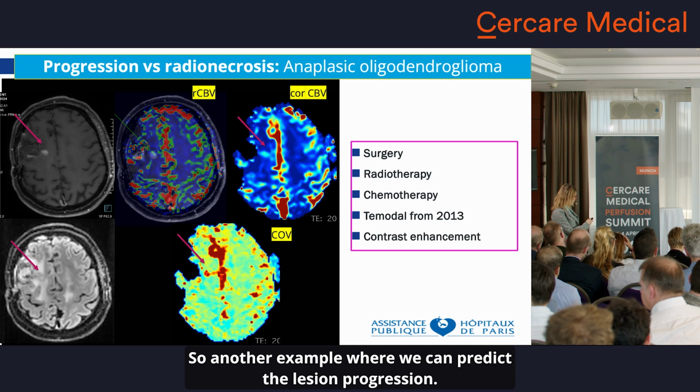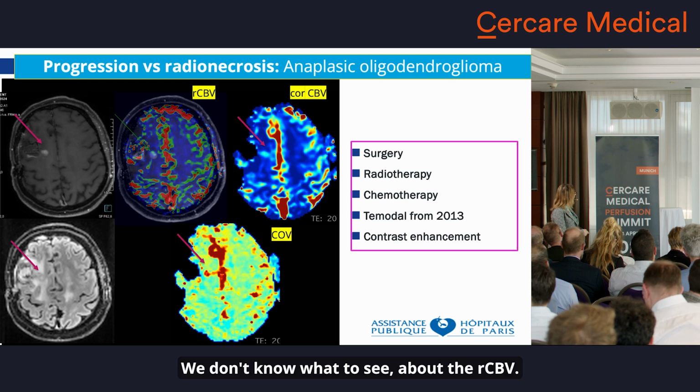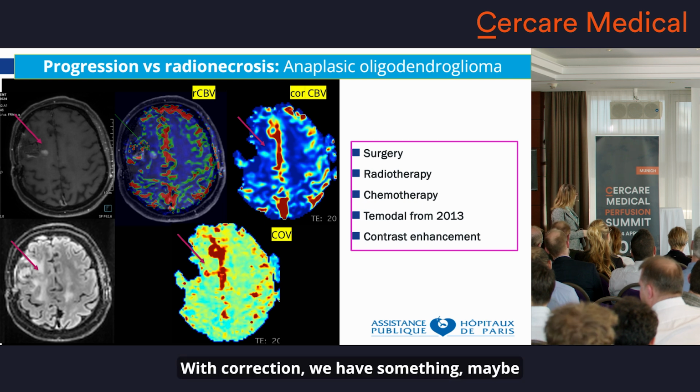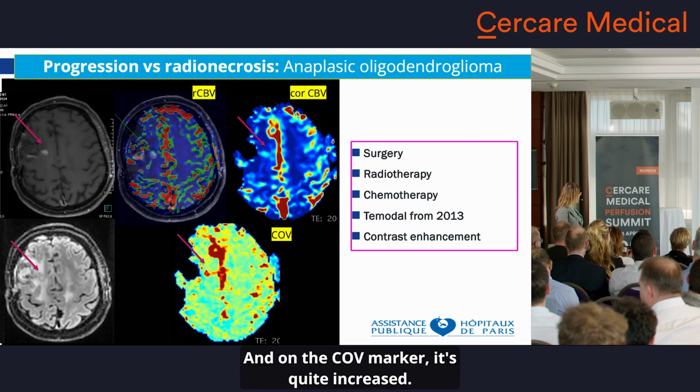So another example where we can predict the lesion progression, we had this contrast enhancement here. We don't know what to see about the RCBV. With correction, we have something, maybe something comparable to the white matter. And on the CTH marker, it's quite increased.